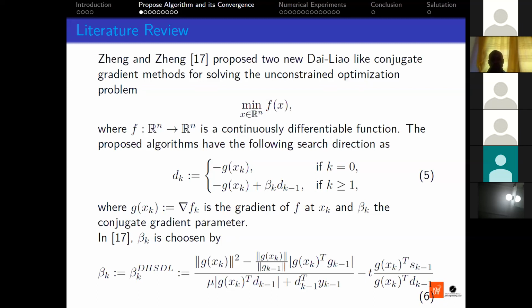So we can see that when solving an unconstrained optimization problem, the direction given by 5 will contain the gradient of the function to be minimized.